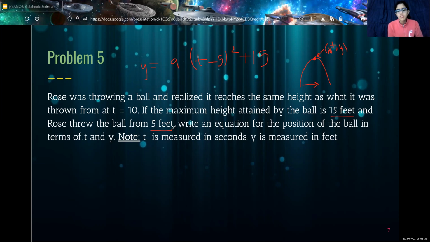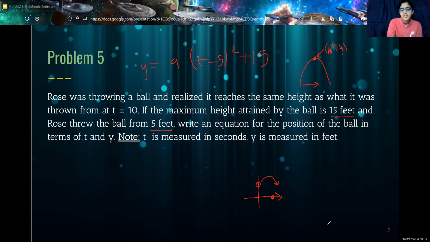Someone said 5, 0. Remember, in the Cartesian plane or the coordinate plane, 5, 0 would be somewhere here, but that's not what we're looking at. That would be when it hits the ground, right? But we want to look at what time it was thrown at. So it would be the y intercept, right?